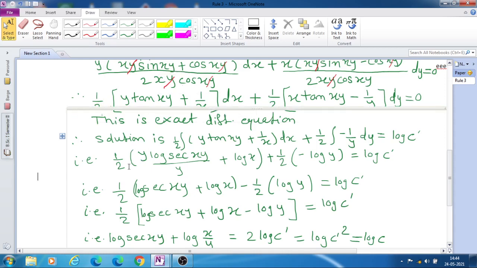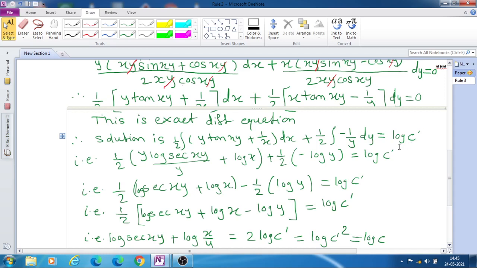So for the solution we integrate m, so 1/2 into integration of y tan xy plus 1 upon x into dx, plus integration of n, only those terms of n which do not contain x. So here is only minus 1 upon y and this is 1/2. So 1/2 integration of minus 1 upon y dy is equal to constant of integration c.